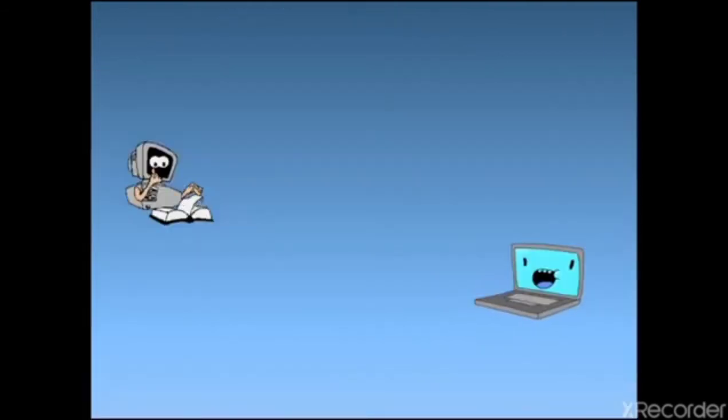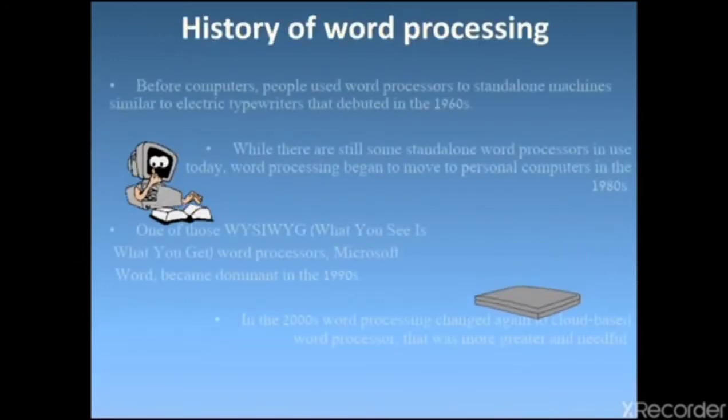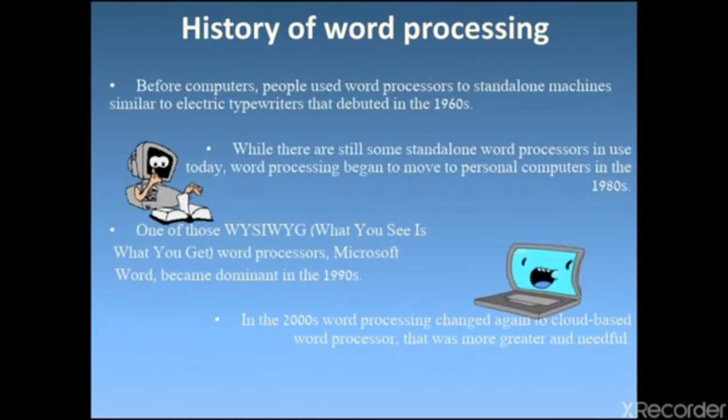What can we say about the history of word processing? Before computers, people used word processors, standalone machines similar to electric typewriters, that debuted in the 1960s. While there are still some standalone word processors in use today, word processing began to move to personal computers in the 1980s.